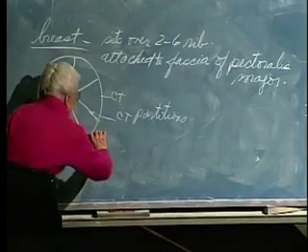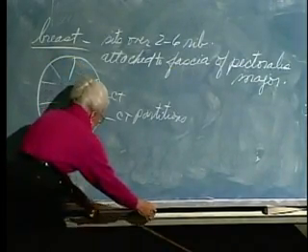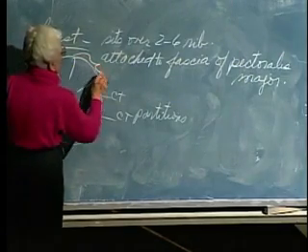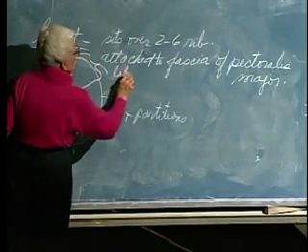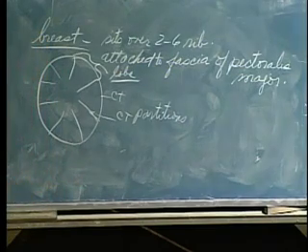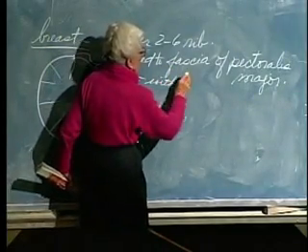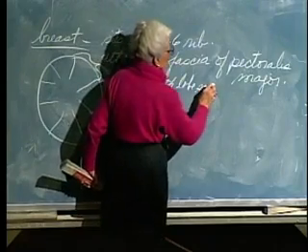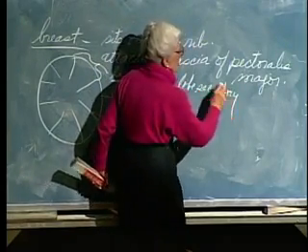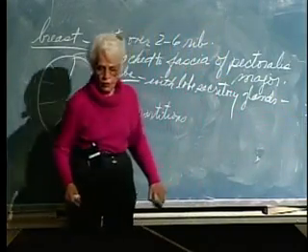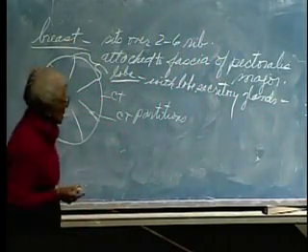So this would be a lobe, and within the lobe will be secretory glands, from cells which are called alveoli.